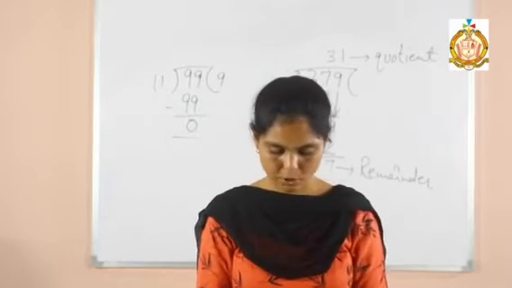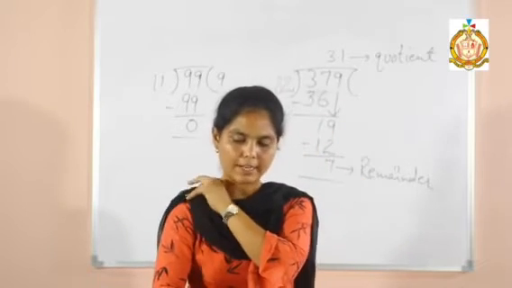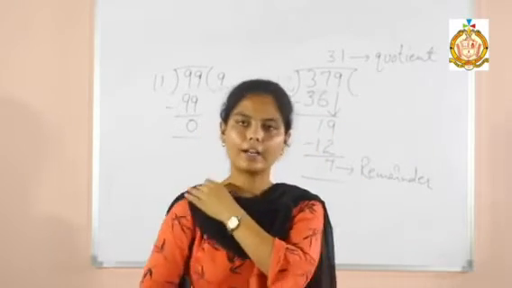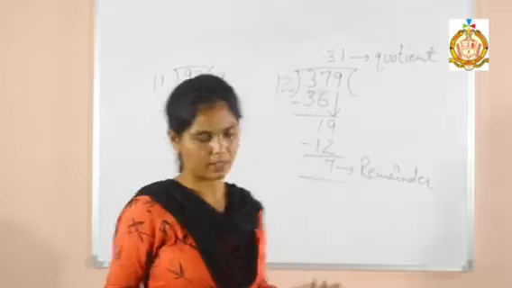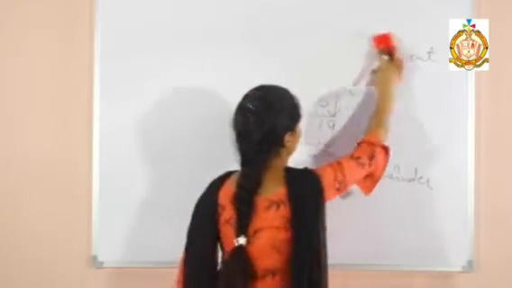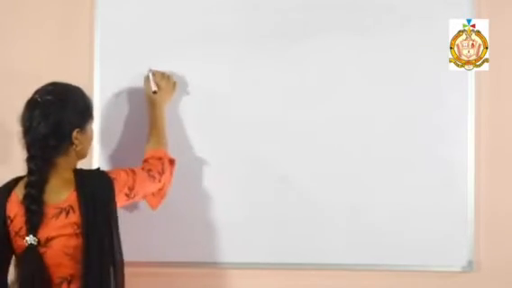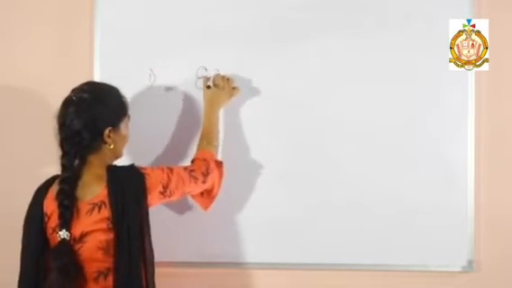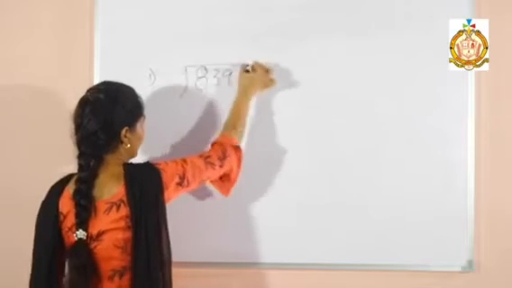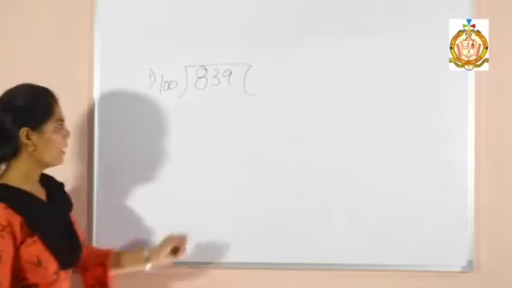So our next topic is to find the quotient and remainder by dividing by 10, 100, 1000, 10,000, etc. Our first question is 839 divided by 100. So count down the table of 100.